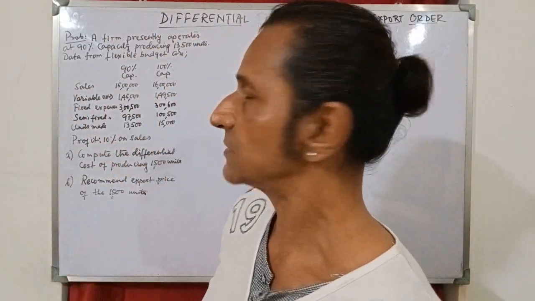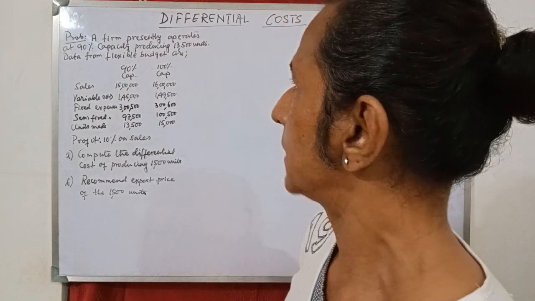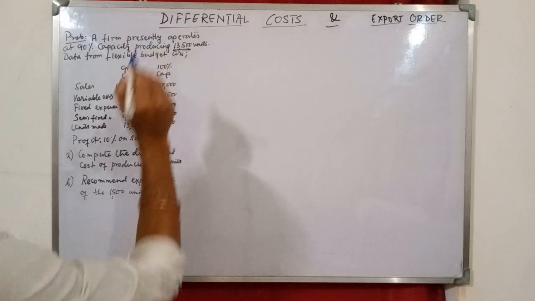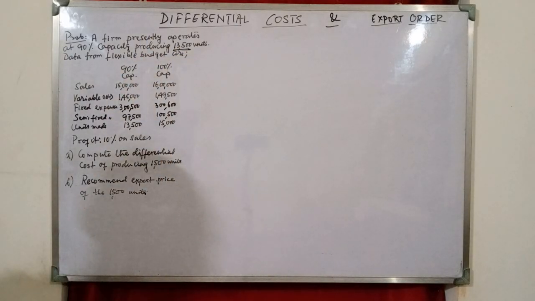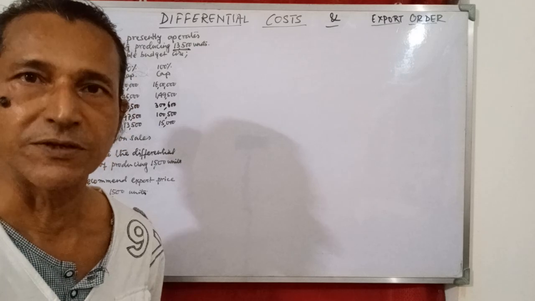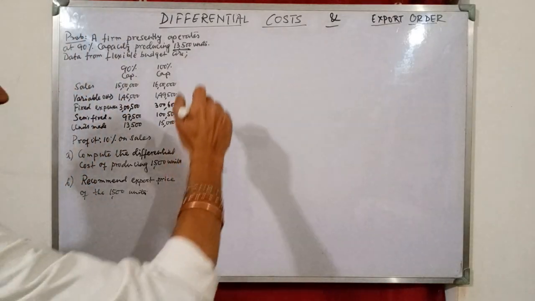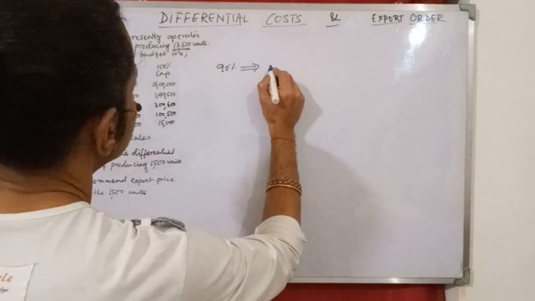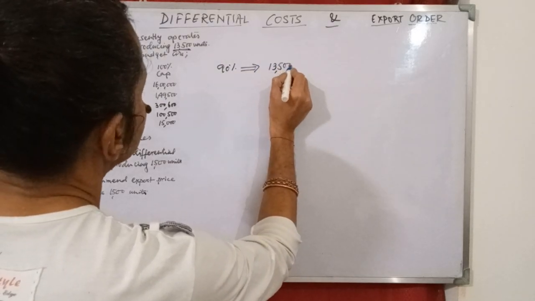Now the present capacity is 90%, and that corresponds to 13,500 units. Now the firm contemplates accepting an export order by utilizing the additional capacity. Here you see 90% capacity production is 13,500.